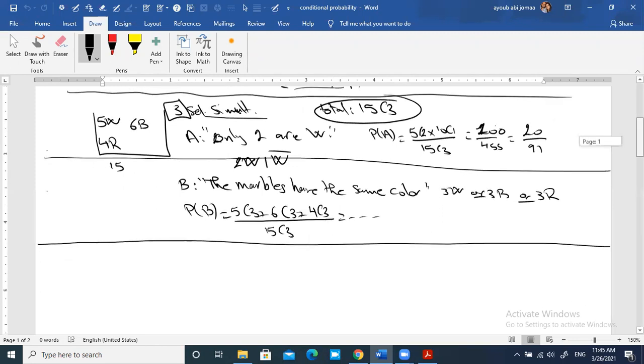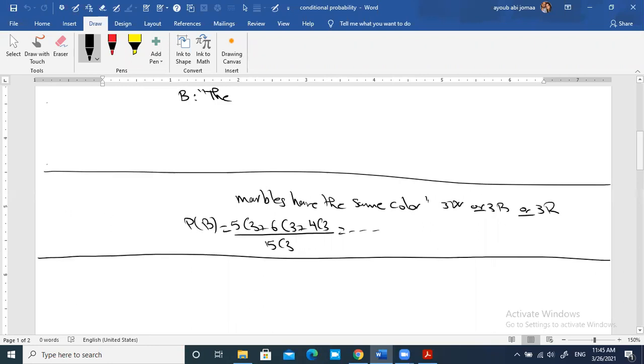These properties are standard for any probability. First of all, the probability of the opposite.